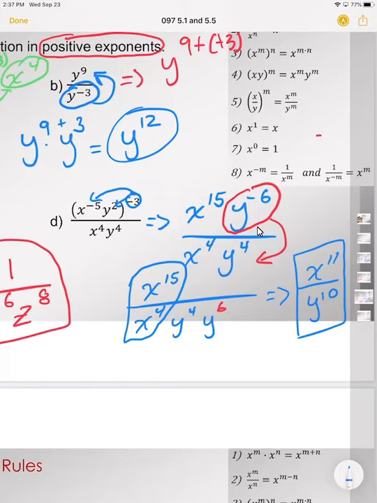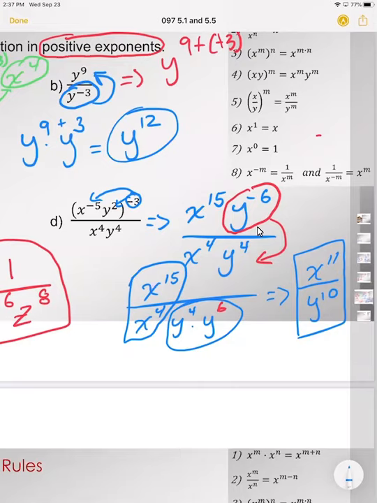The only time you move is when you subtract them or you use the product rule. But if it's on the denominator, it has to still be on the denominator. So in the sense, this will be my answer here, x to the 11 divided by y to the 10. Question with this item?